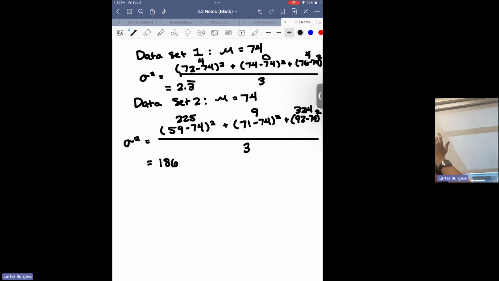So what does getting a higher variance mean? What did we say is different between these two data sets? Which also kind of falls into the idea that we would assume is true about high variance versus low variance. What's going to happen to my spread when I have higher variance?